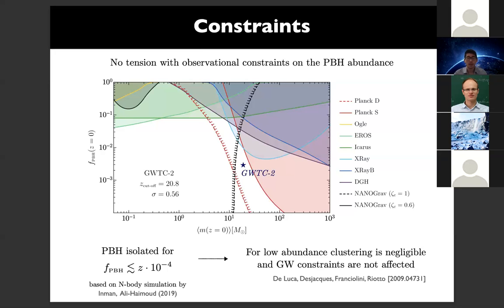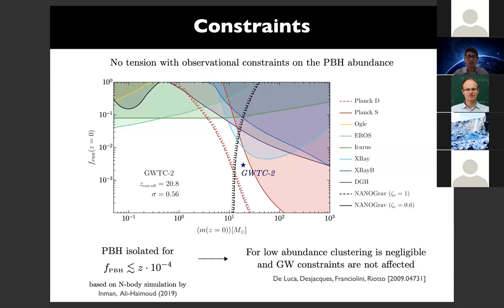And one can easily understand that, because based on the results of an N-body simulation performed by Inman and Ali last year, primordial black holes with very small abundance, so in our case around 10 to the minus 3, are found to be isolated. And therefore, for low abundance, clustering is negligible, and the constraints are not affected by it. Of course, the situation may change for larger abundance, and we have also done a paper about that, which I would be happy to describe if you are interested after the talk.